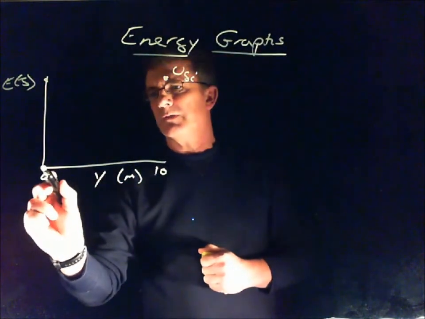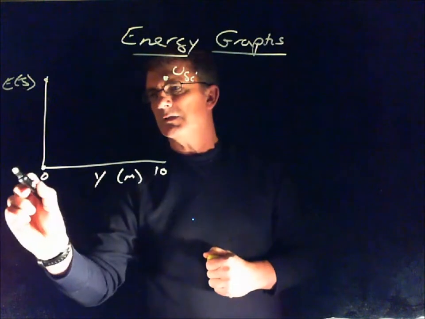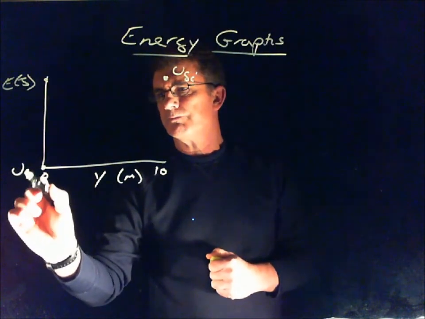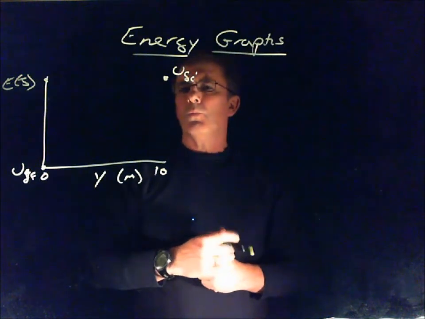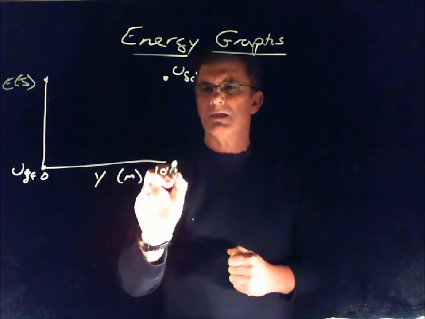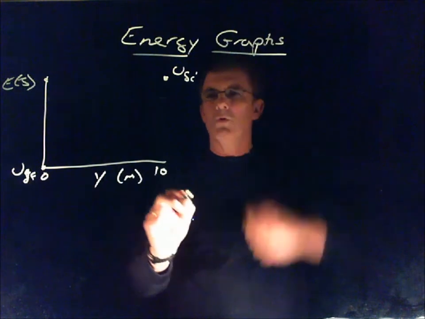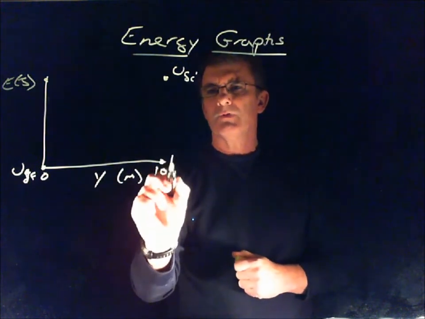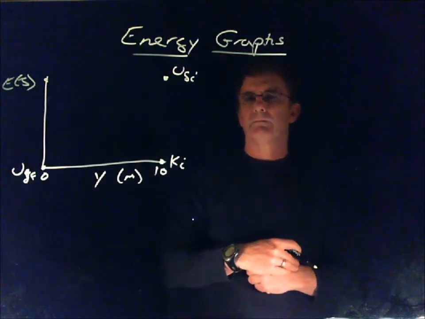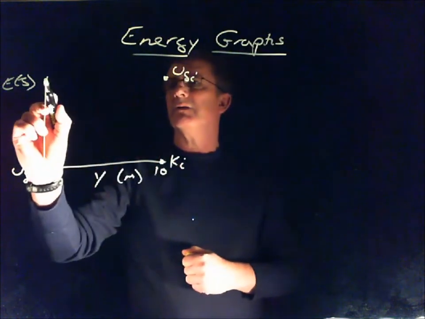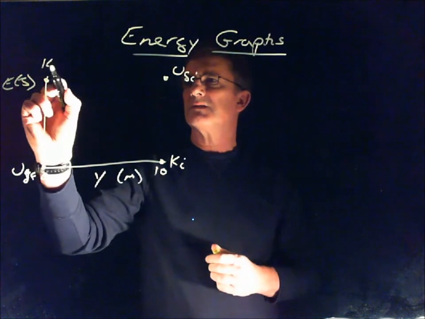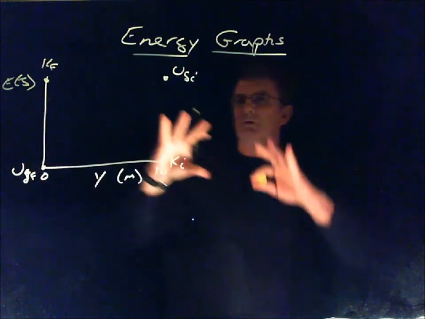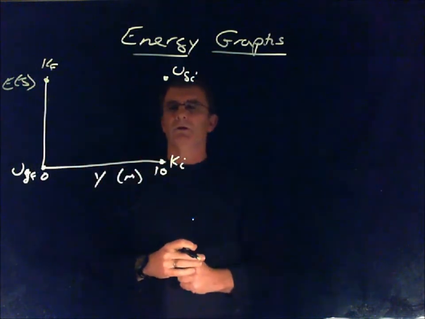What we end with, at the floor, is no gravitational potential. When we're at 10 meters up in the air and we're just holding it there, we've got no kinetic energy. But then when we come down here, just before we hit the floor, we have lots of kinetic energy. And so these are my 4 points on the energy versus position graph.